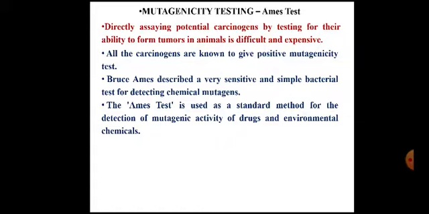Bruce Ames described a very sensitive and simple bacterial test for detecting chemical mutagens. This Ames test is used as a standard method for the detection of mutagenic activity of drugs and environmental chemicals.